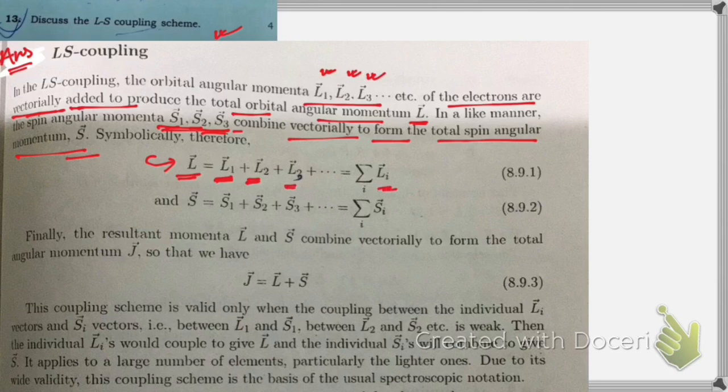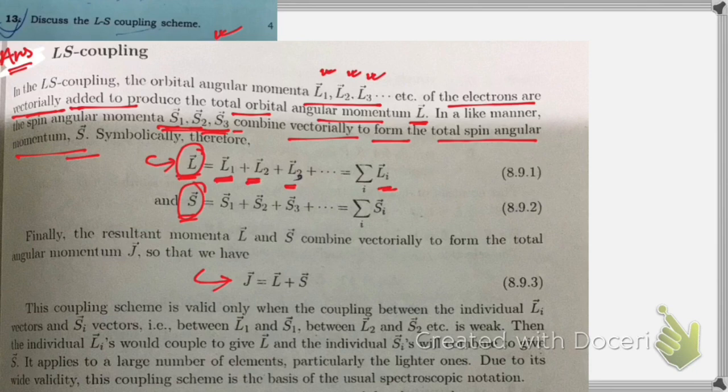Similarly we get resultant S as well. Then combining resultant L and S gives the total angular momentum. This is nothing but LS coupling.